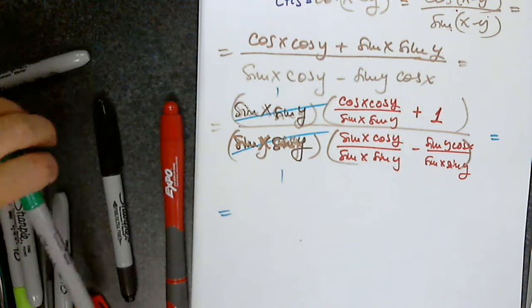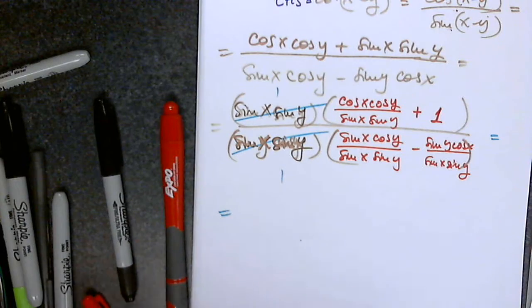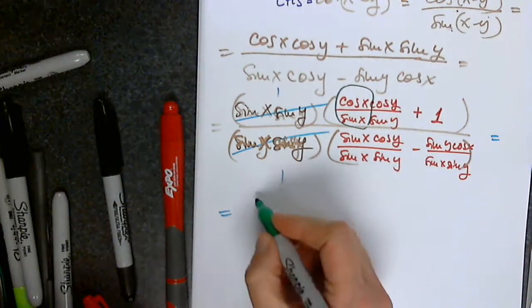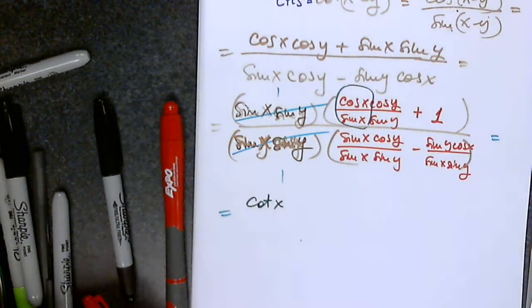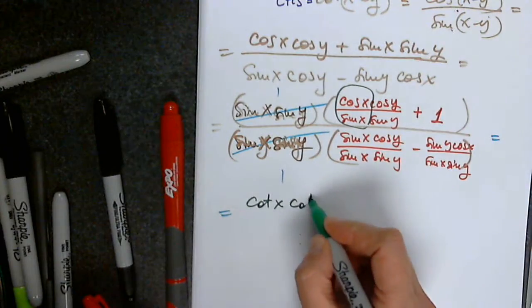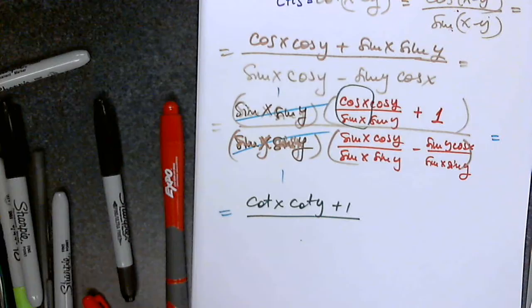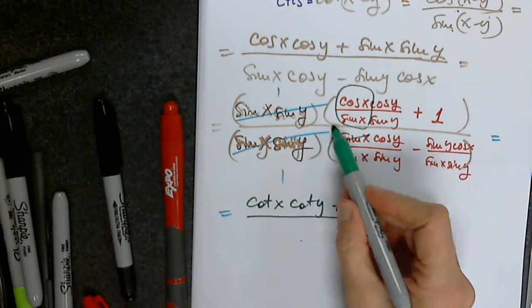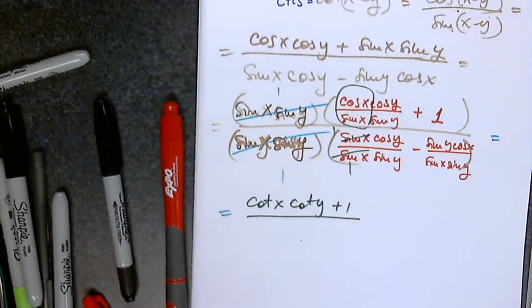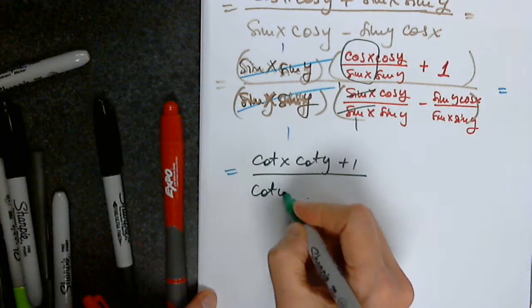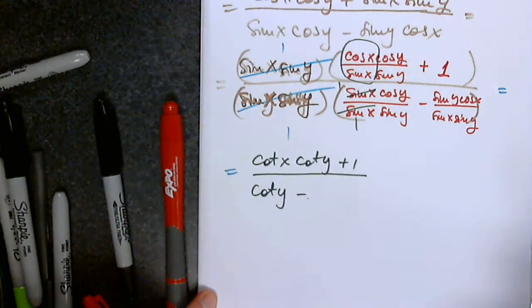What is this? Yes, very good. So the top is done. What do I have to do to the denominator? What is cosine y over sine y? Minus?